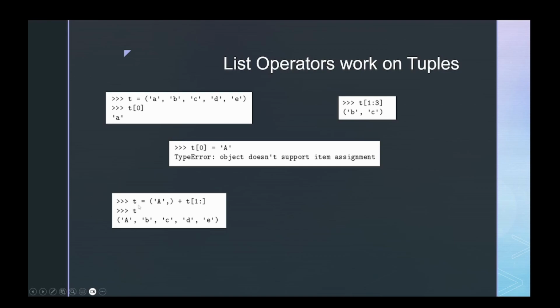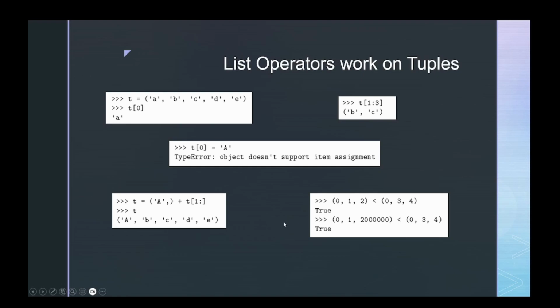So here I've got T equals, this creates a tuple, and then that will add on to the original. So if I take the original that I have here and put the capital A in front of it, and then take a slice starting at 1, B, C, D, E, it will allow you to make changes in that way.